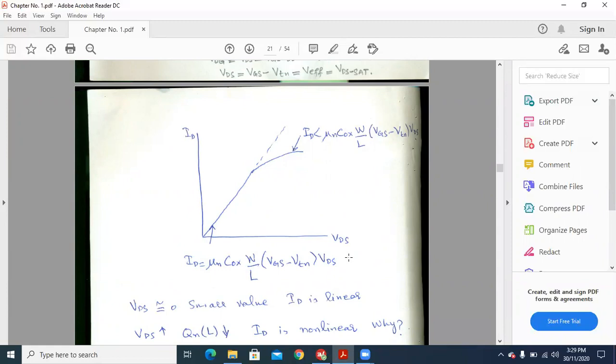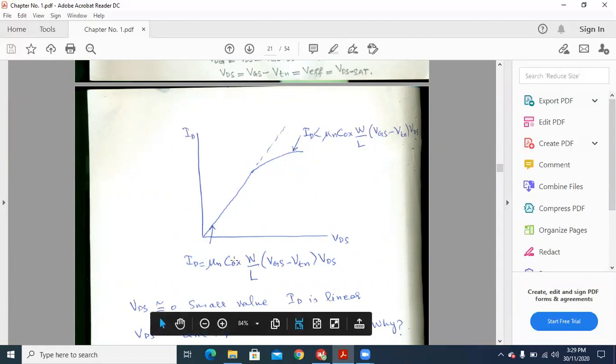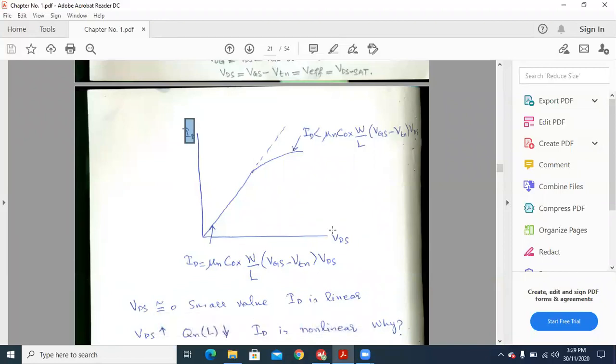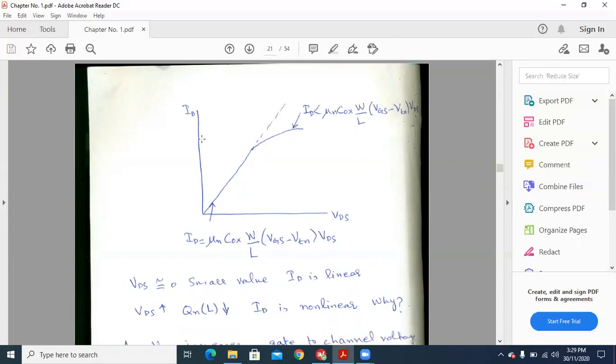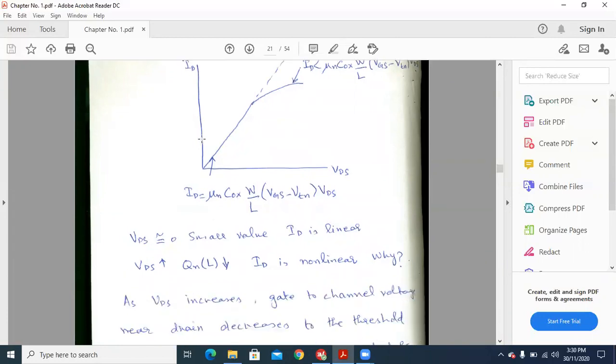the relationship for ID, the output current, and the output voltage. So the ID versus VDS characteristics are important. Why is this non-linear?